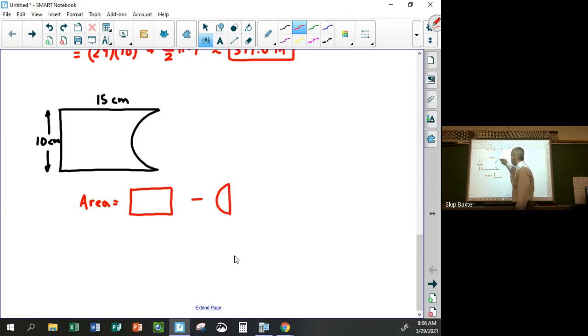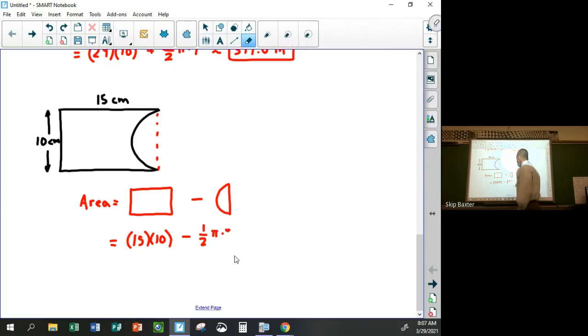If you take out a semicircle from this rectangle, you get exactly what you're looking for. So this is just length times width, 15 times 10, minus 1/2 pi r squared.